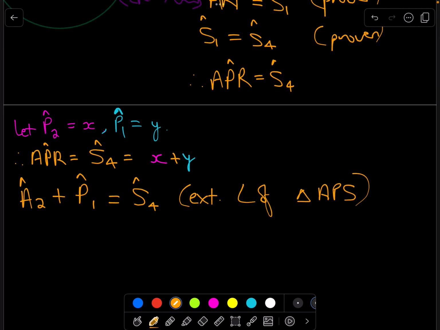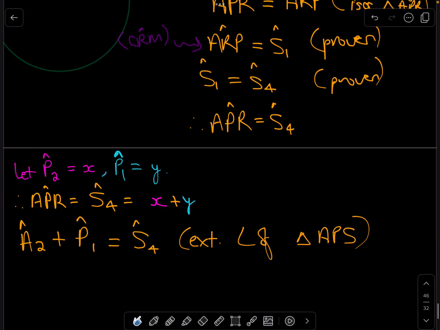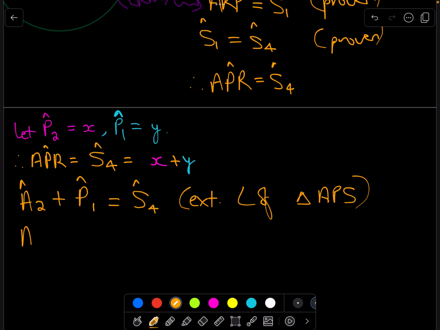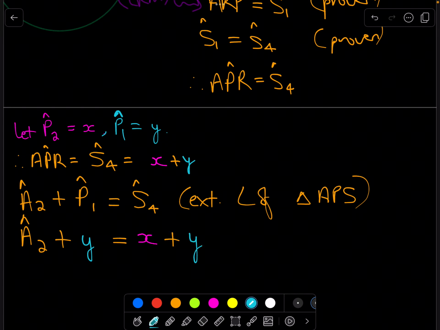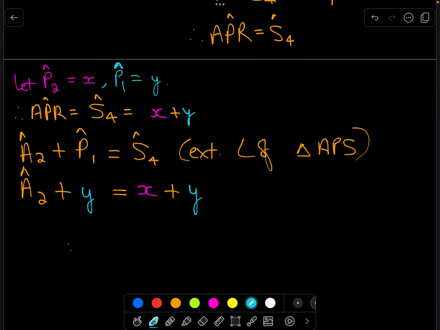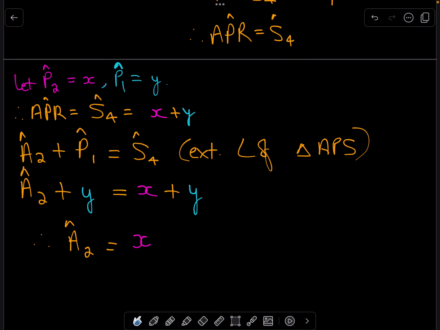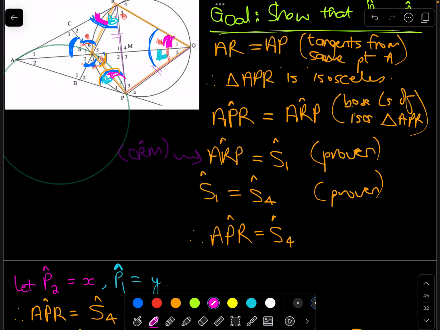And so yeah, we don't know what A2 is, but we know that P1 is Y, so A2 plus Y, and we've also shown that S4 is equal to X plus Y, right? And so therefore A2 must be equal to X as well, right? So it's also a pinky.